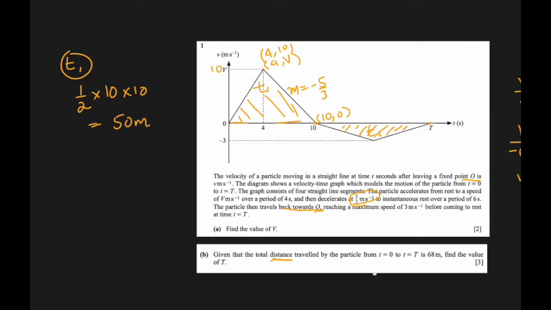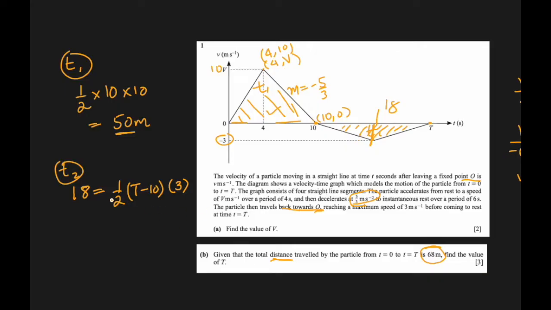Okay, so we know that total distance is 68 meters. That means 50 meters was traveled this way, 18 meters will be traveled backwards. So now we know that the area of triangle 2 is 18. Which will be half base, and the base is from 10 to T. We don't know how much this distance is, so we'll write T minus 10 so that we subtract 10 from T and get this distance. And the height of this triangle is 3, not minus 3, because we want area, we don't want displacement.